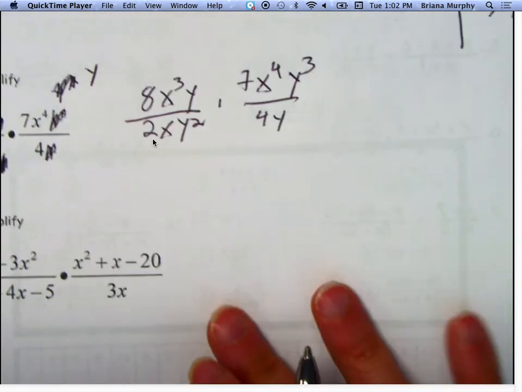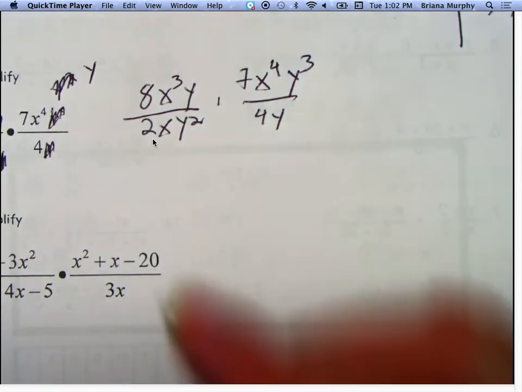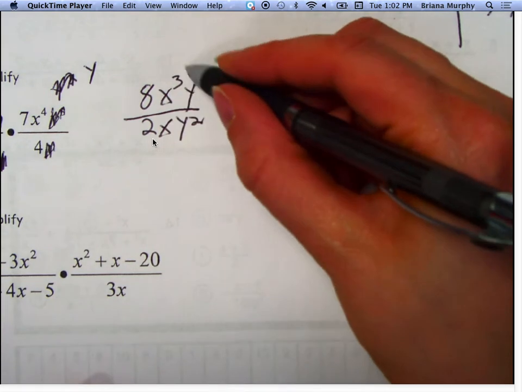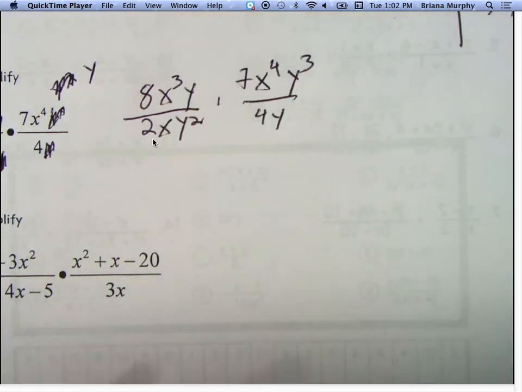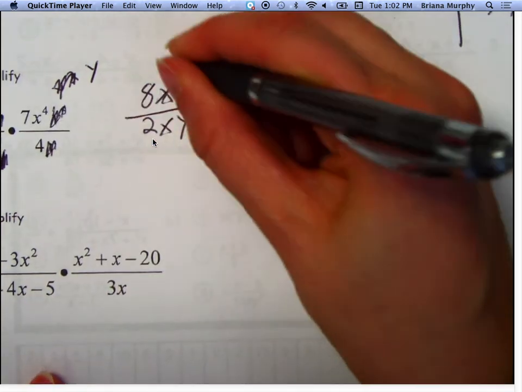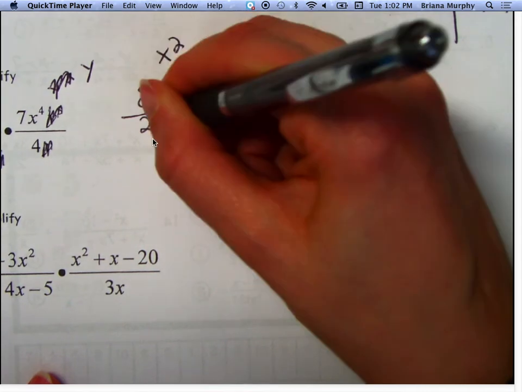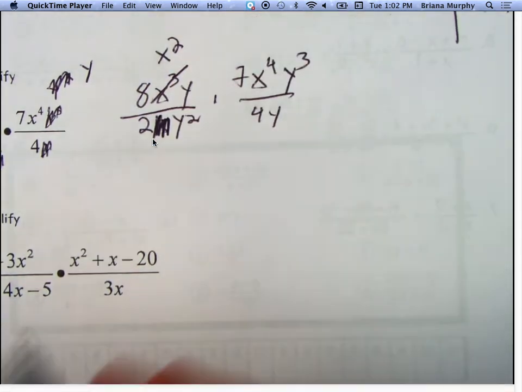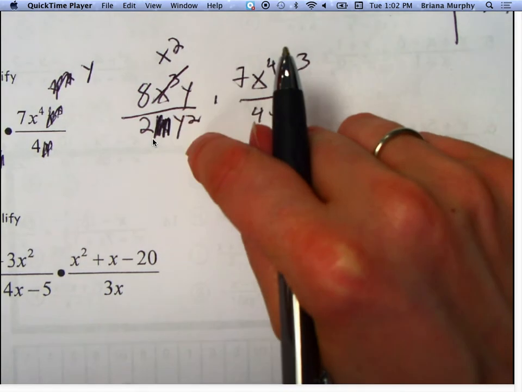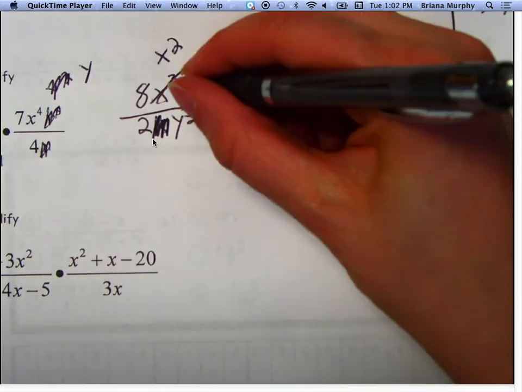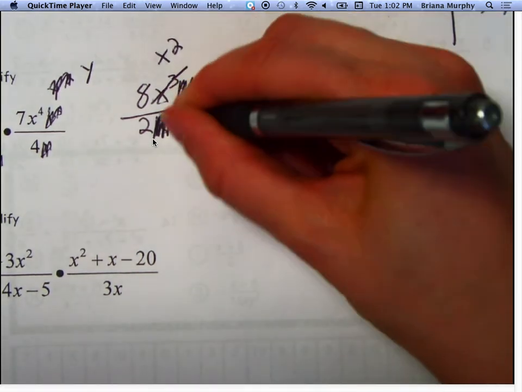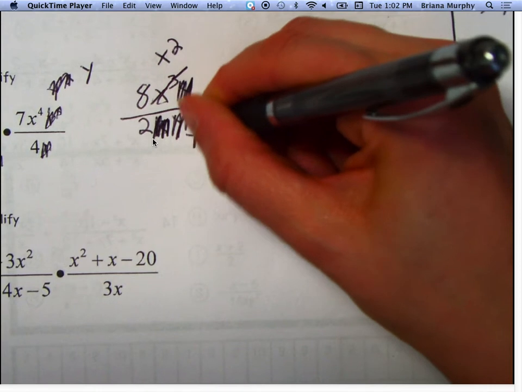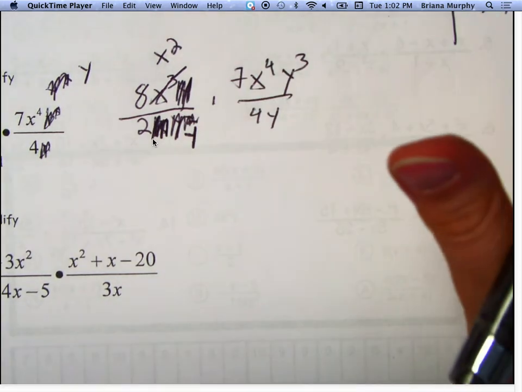This one has 3x to the third on the top, so I'm going to cross it off and change it to x squared, because I divided it by this x down here that I'm not crossing off. There's one y on top here but 2 on the bottom, so I'm going to cross this y off and just put 1 on the bottom. So far, so good.